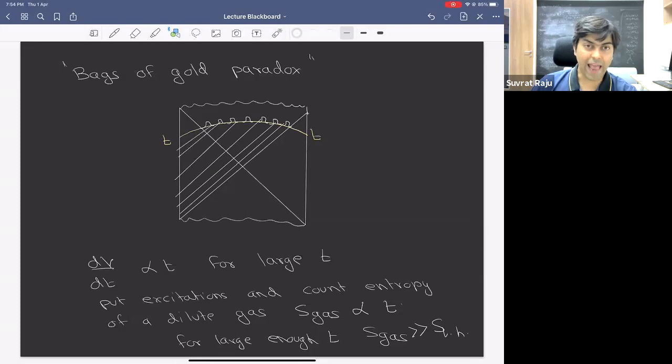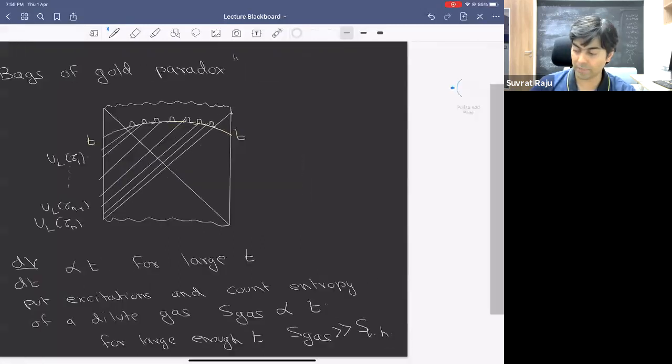So if you take the eternal black hole and you act with a set of shock waves at various times, so let's call this tau n, then you would create a state which looks like, in the dilute gas approximation, it has a large number of excitations at late times.